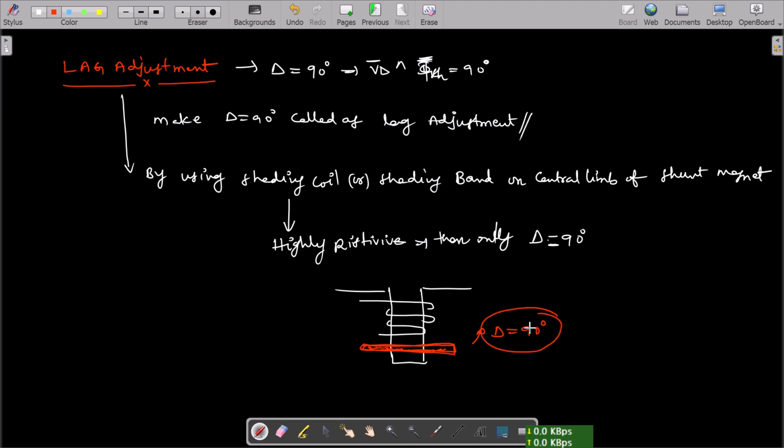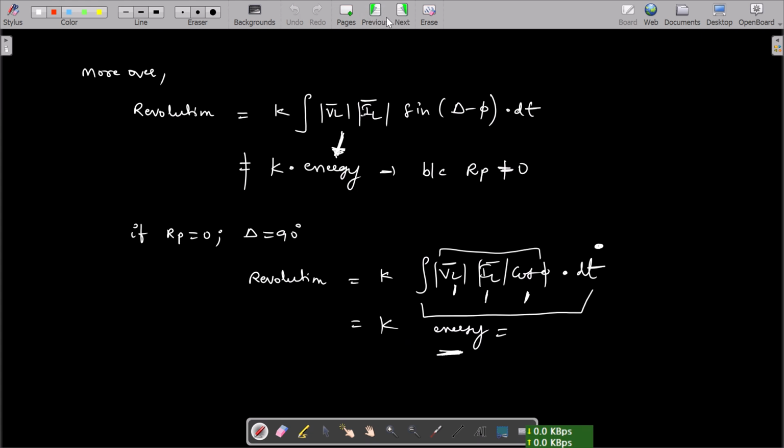So when delta is equal to 90 degrees, the revolutions made by the disk will be equal to k times the energy consumed in the load. We are going to get the ideal case. That is what is necessary.